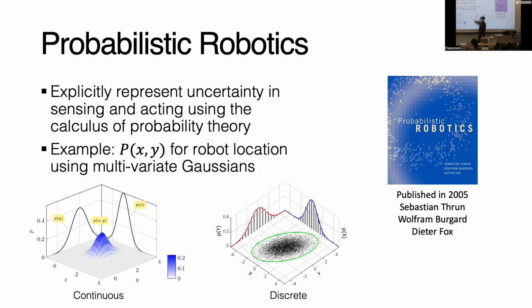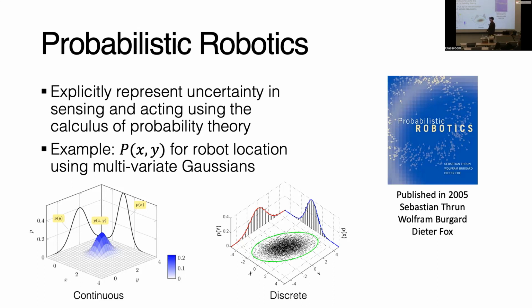Our robot location is going to have some error in X and some error in Y. We can model this as a Gaussian distribution. And then the position of our robot, we'll assume, is the center because that's the maximum probability, but we'll have explicitly represented how much uncertainty we have in that measurement.